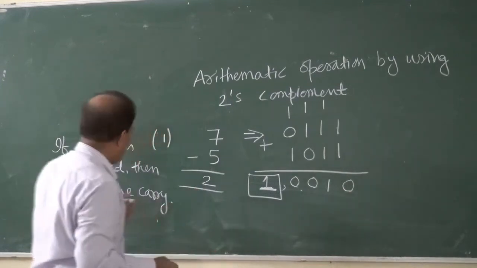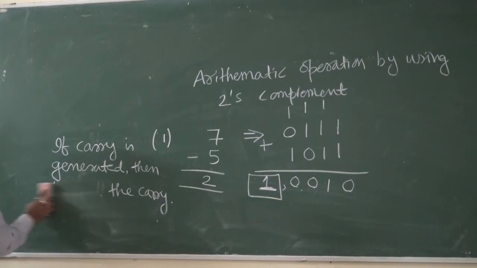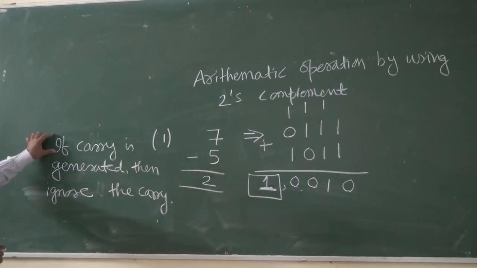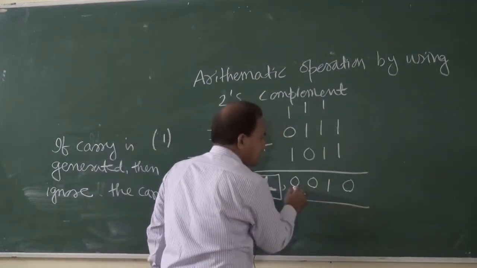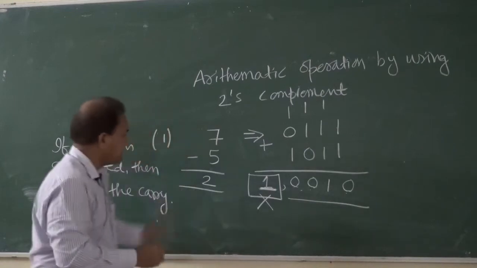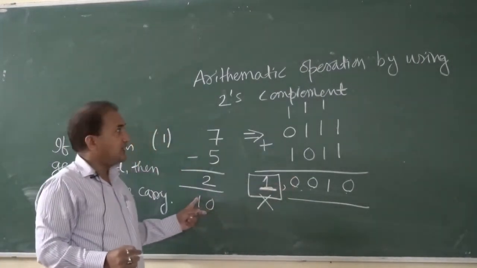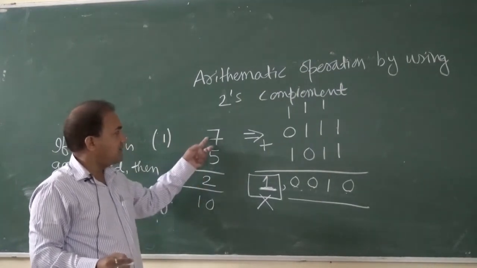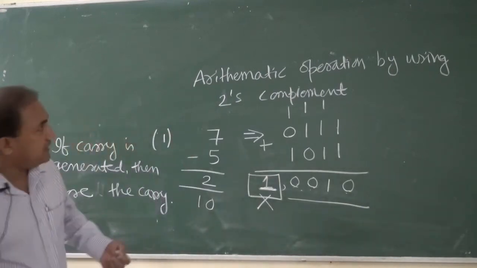Ignore this carry. If carry is generated, then ignore the carry. So for this you have to ignore this carry. So the final answer is 0 0 1 0. It is 1 0. So both answers are matching. So in this way you can perform 7 minus 5 by using 2's complement arithmetic operation.